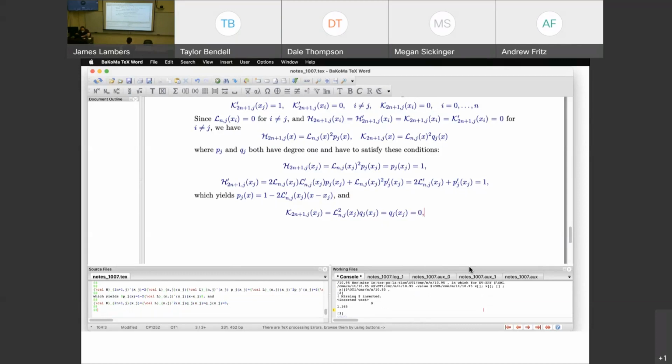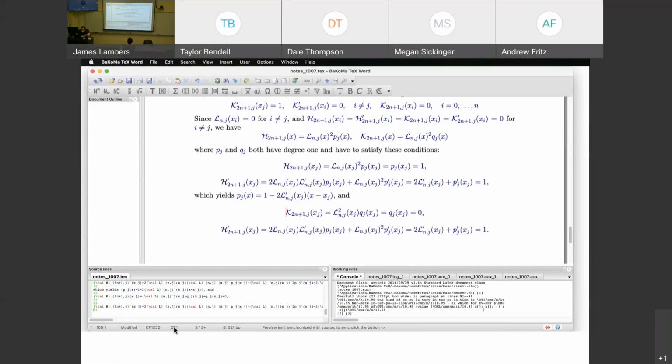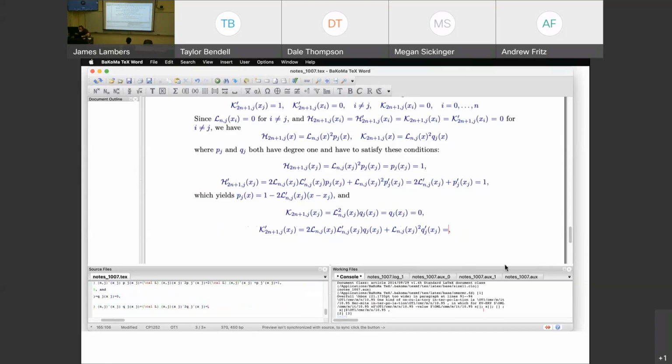And then the last condition, okay, so I'm just going to copy this line and fix it. Okay, so all right, that's q_j of x_j, and then we have q prime over there. All right, now hold on a second.